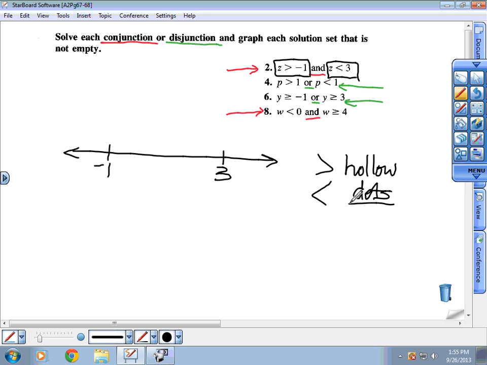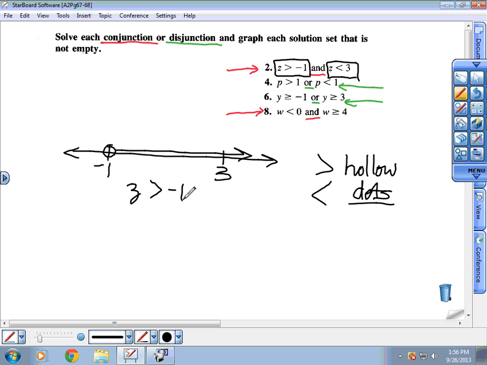I know that z is greater than -1, so I draw a hollow dot at -1. Greater than means it's to the right, so I draw an arrow all the way to the right, and that is the graph of z is greater than -1.